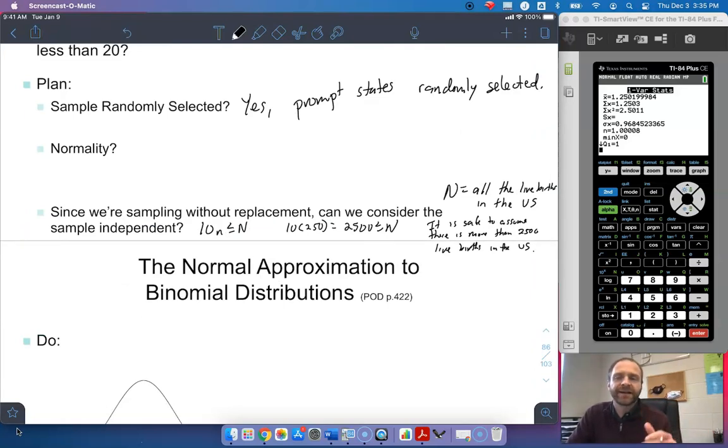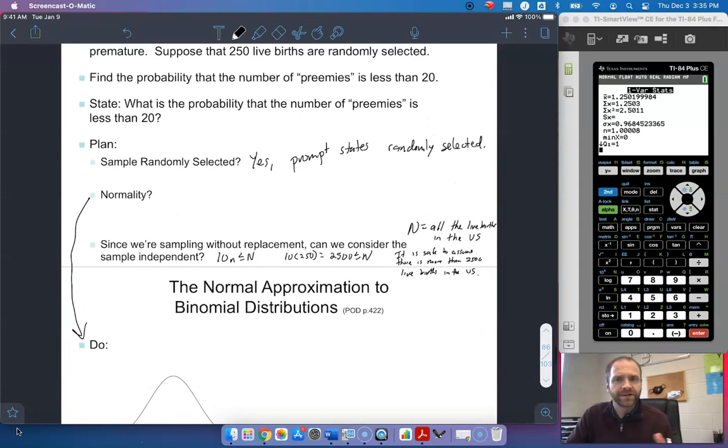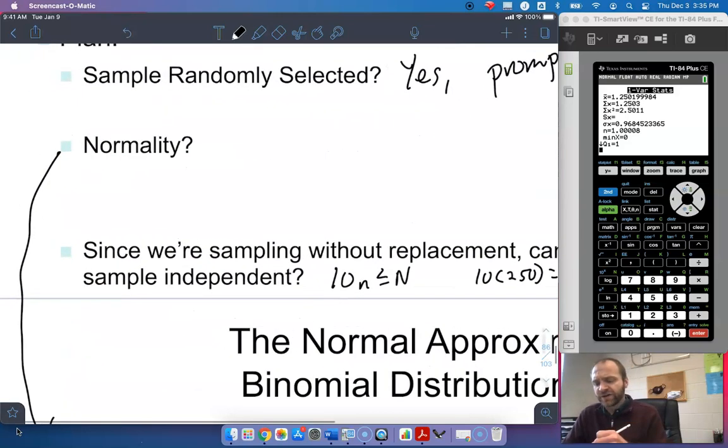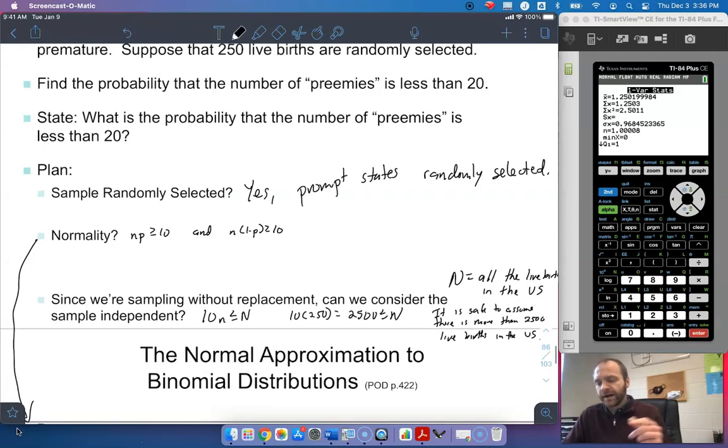The reason why I said pause on normality is that in order to do normality, we have to do this. I like to figure out, is it random? Is it independent? And then deal with normality. It's a binomial situation. So for normality, I better check, is there at least 10 successes and 10 failures? Let's find out.